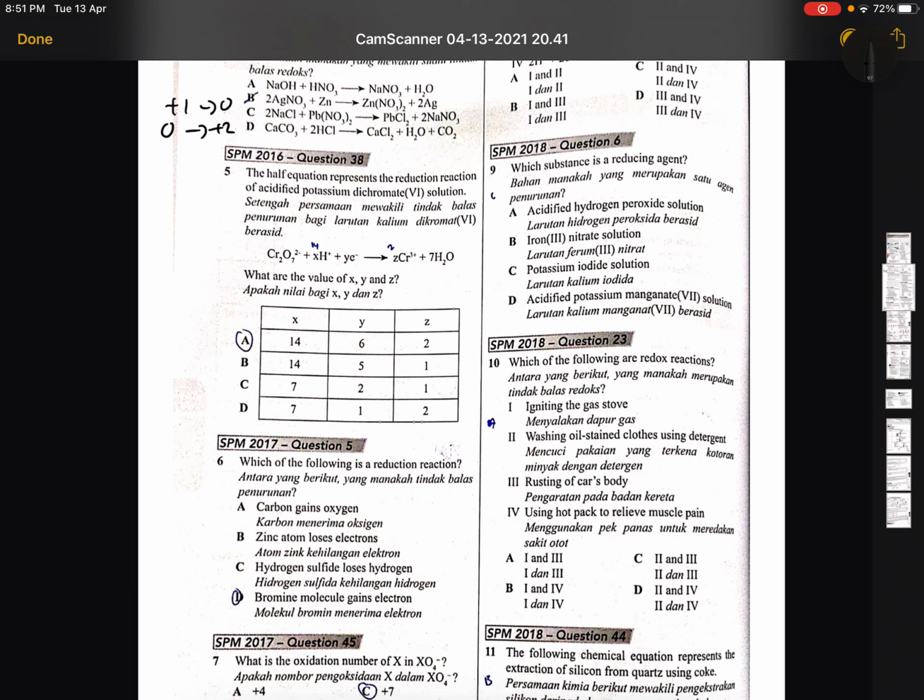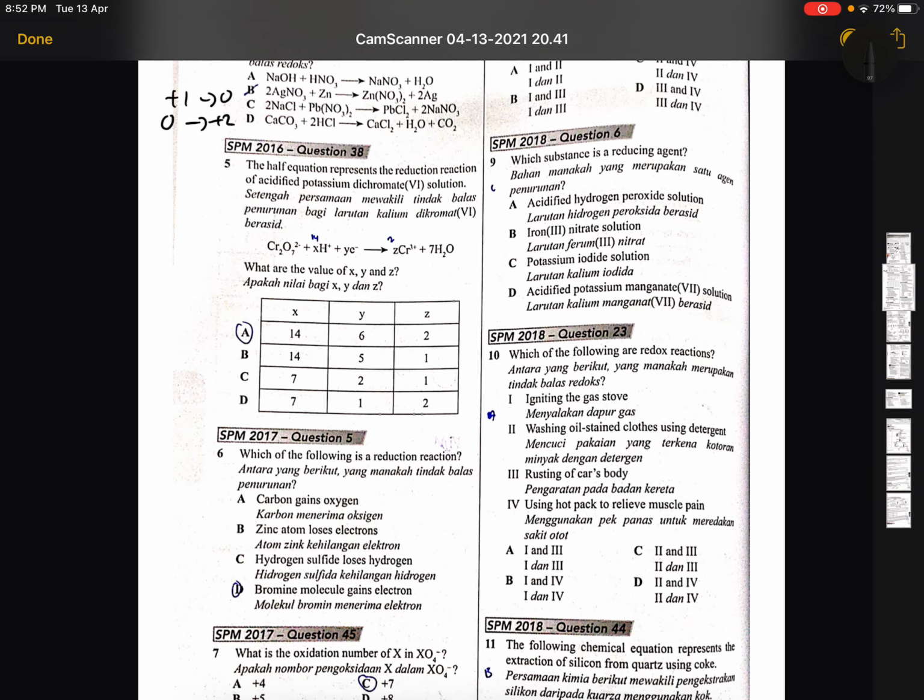Number 5, the half equation represents the reduction of acidified potassium dichromate(VI) solution. What are the values? If you know the formula, you should know this already. But if you don't, 7 times 2 is 14, so x is equal to 14. There are 2 chromium atoms here, through dichromate ions, so z is equal to 2.